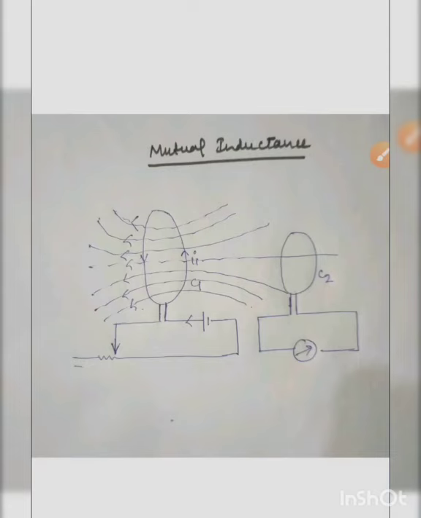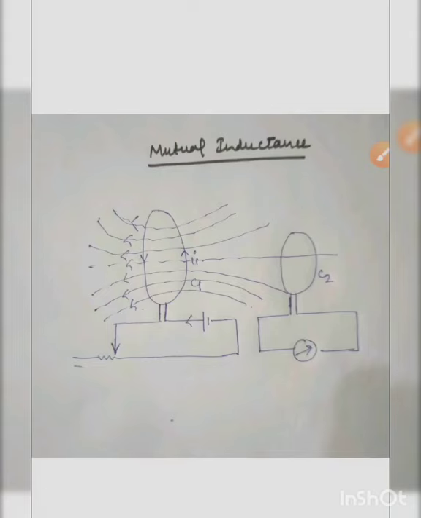The magnetic field at any point produced due to the current flowing in C1 is directly proportional to the current flowing in circuit C1. Hence, the flux linked with the circuit C2 will depend upon the current flowing in circuit C1.